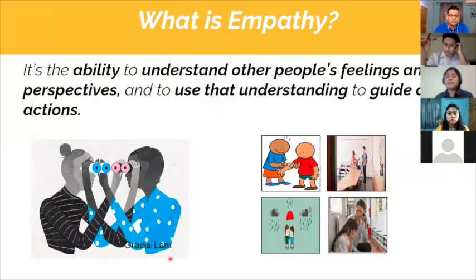Empathy is the ability to understand other people's feelings and perspective, and to use that understanding to guide our actions. We say, put yourself in the other person's shoes. Here I found some cute pictures of empathy. This is a cartoon, and this is real life, when a teacher is talking with their students and trying to solve their problem, or at least talk to them. This is a kind of empathy.